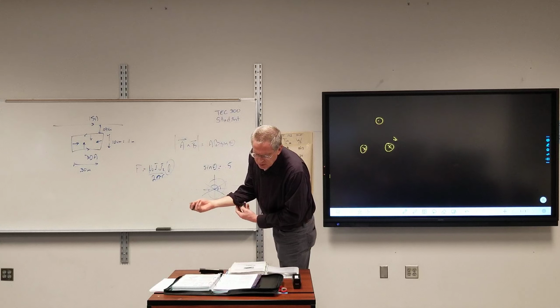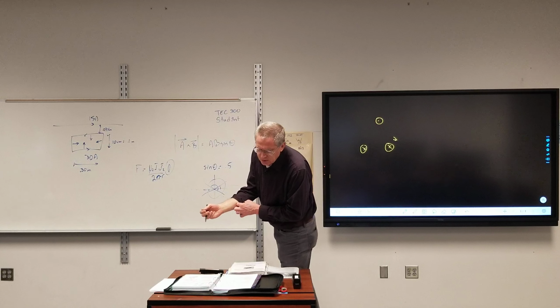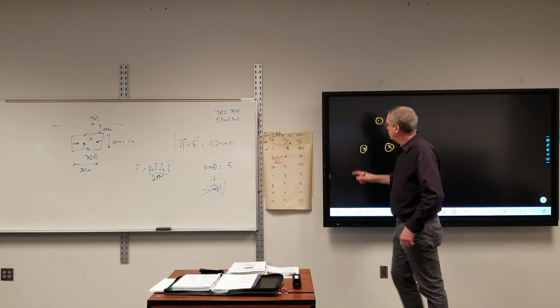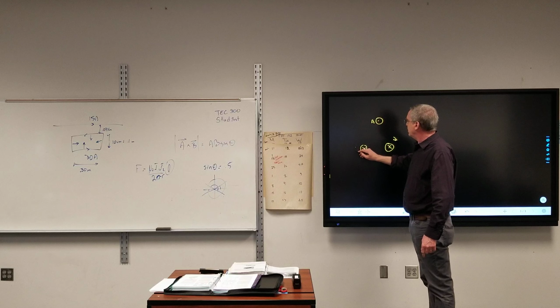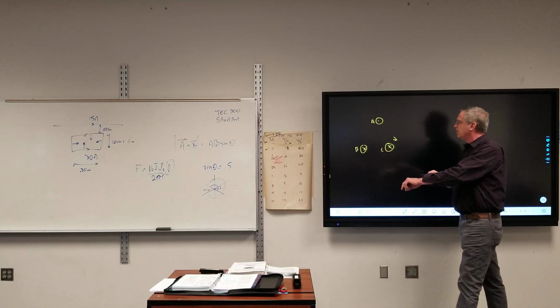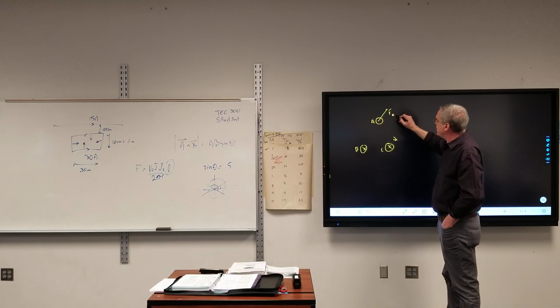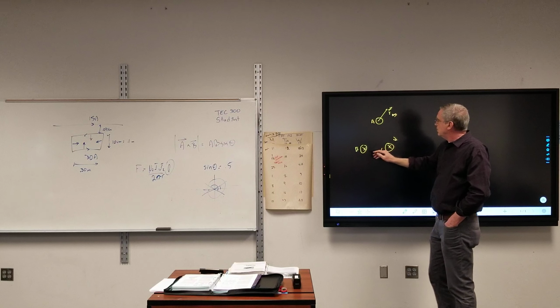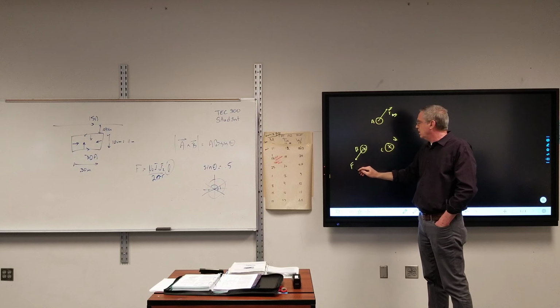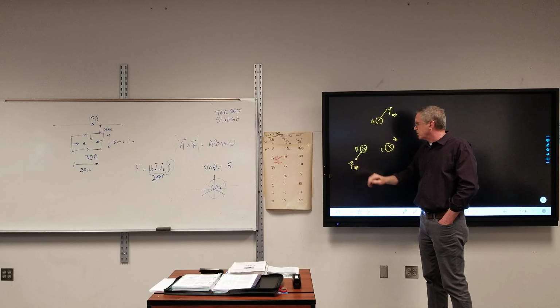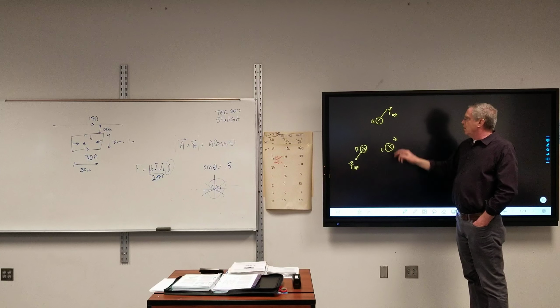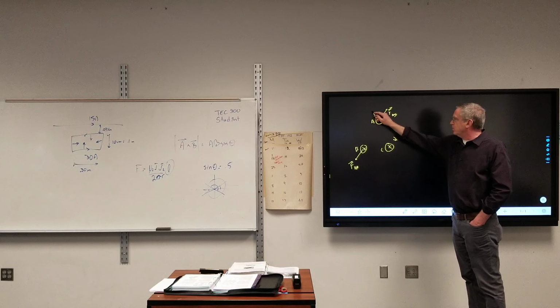A is the top one, B is the left, and C is the right. So the force on A from B is going in that direction. The force on B from A is going in that direction.